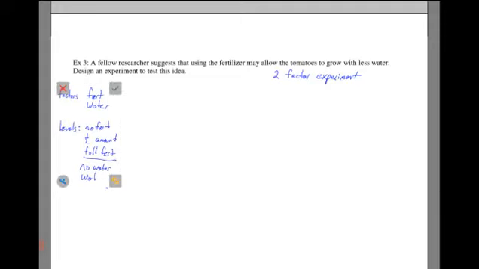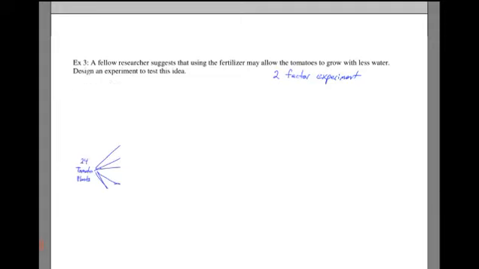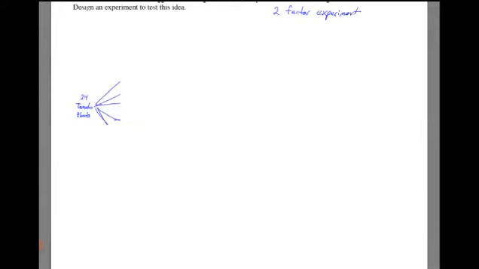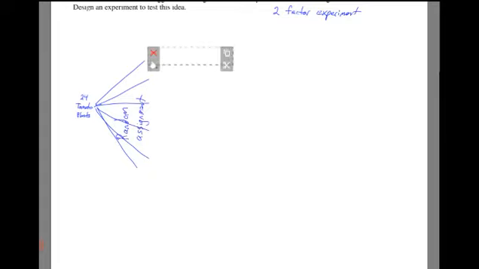Okay, so we'll start with our 24 tomato plants. And of course, we want a random assignment. Okay, we'll start with group 1, which will have 4 plants, and it will be our control.